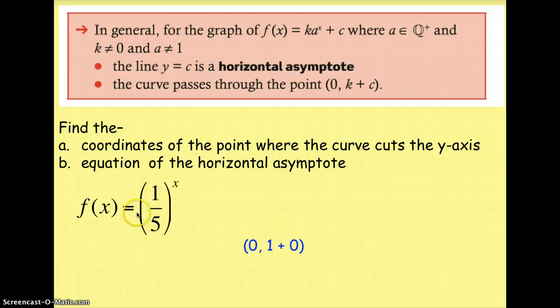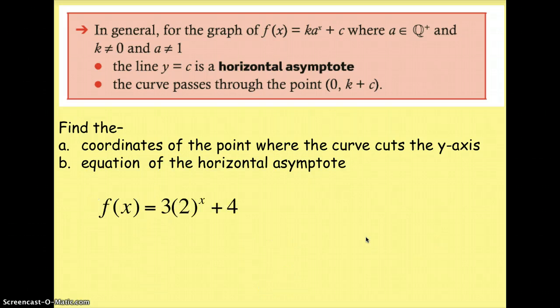You don't see anything there, that means it's 1, and there's no plus or minus a number, so your c is 0, so it's 1 plus 0. So your y-intercept is 0, 1. And then your horizontal asymptote, y is equal to c, and you do not see any constant after this, so y is equal to 0.